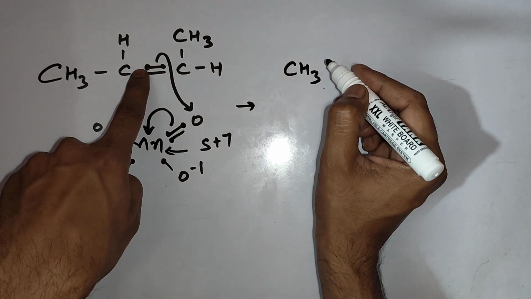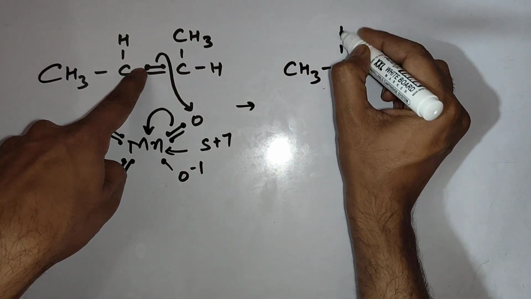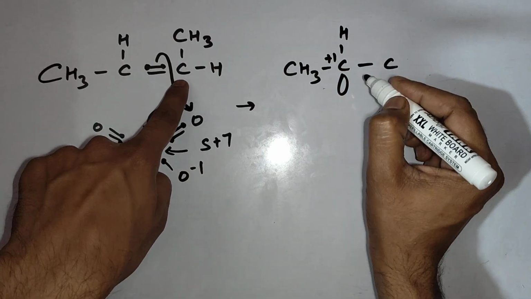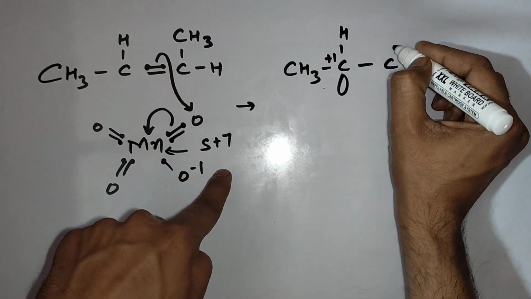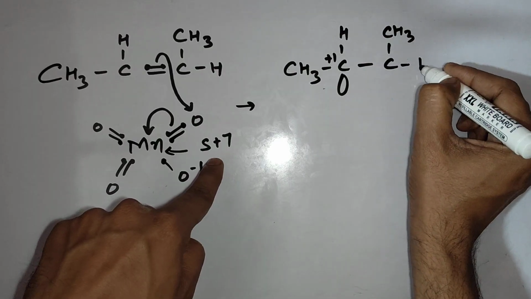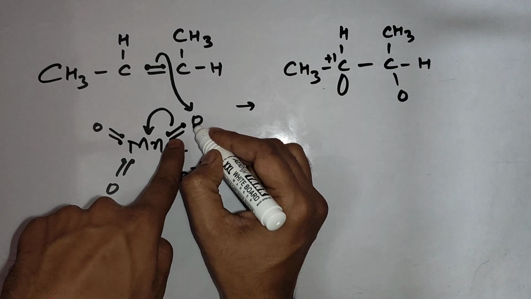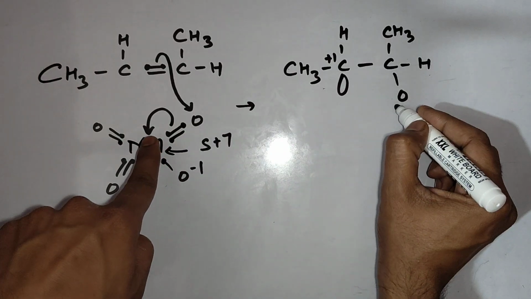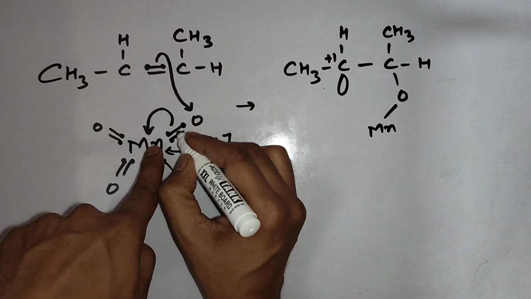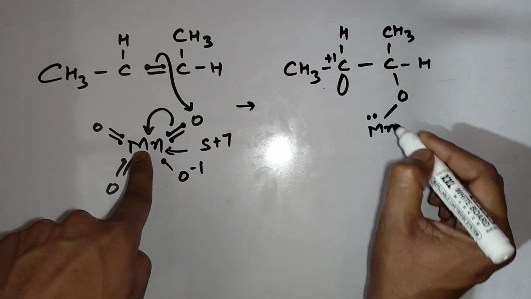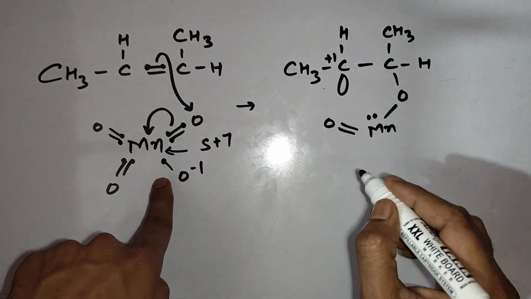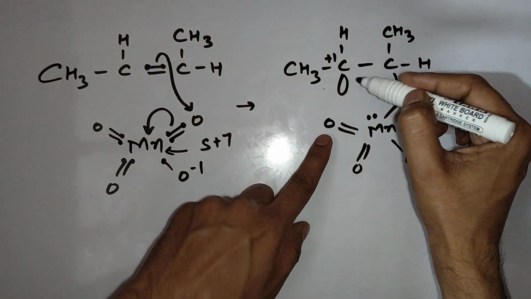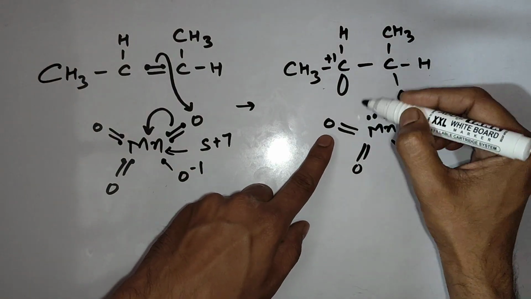because this carbon has lost its electron, a positive charge will generate. This carbon will make a single bond with oxygen. Now between this manganese and oxygen the bond will break, only a single bond will be left, and these electrons will go on manganese, the rest as it is. Positive carbon, oxygen.